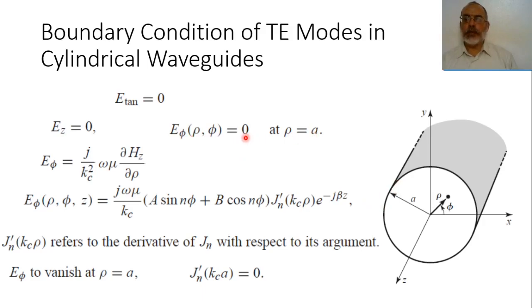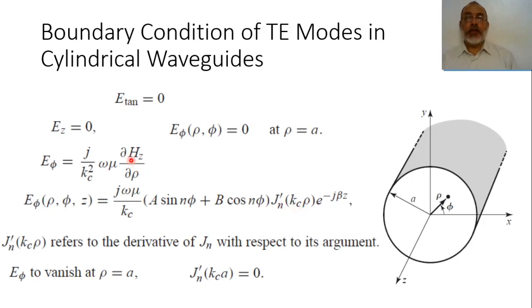As we said, E phi from Hz is proportional to the derivative of Hz with respect to rho. So E phi is j omega mu over kc squared times partial Hz by partial rho. We already know that Hz is A sine n phi plus B cosine n phi multiplied by the Bessel function Jn of kc rho.